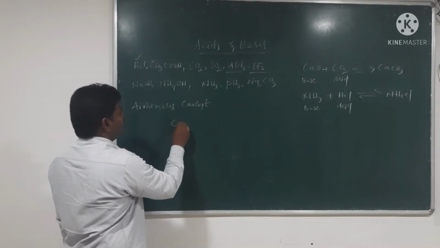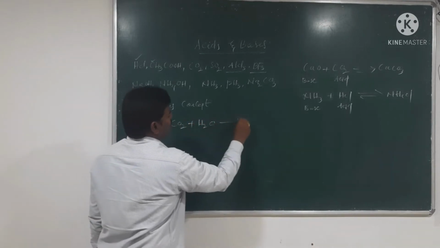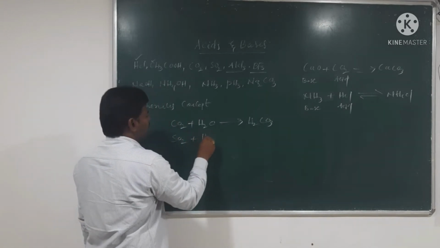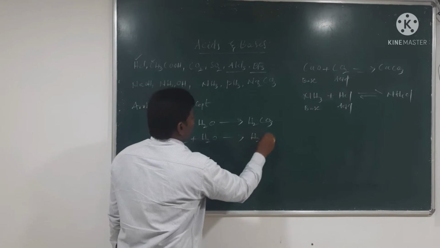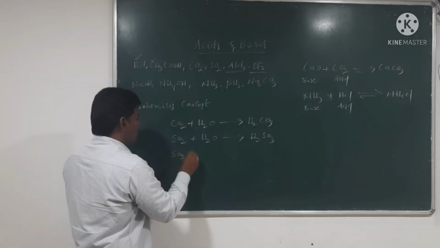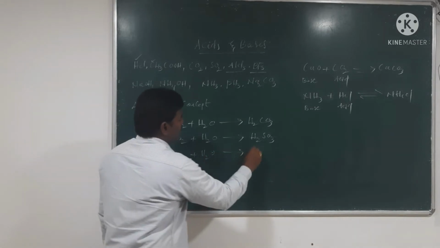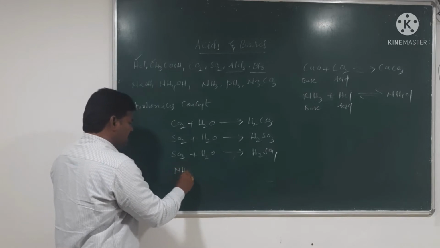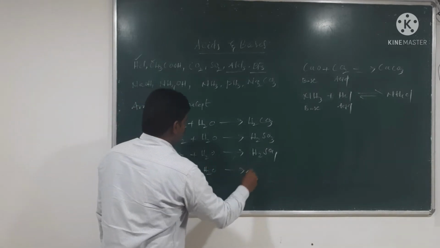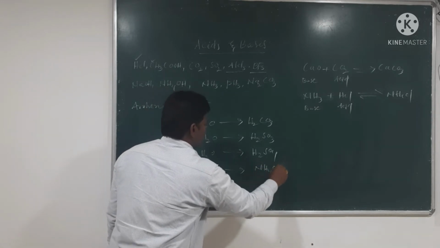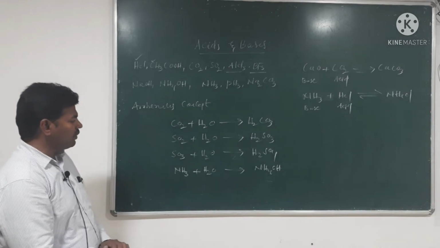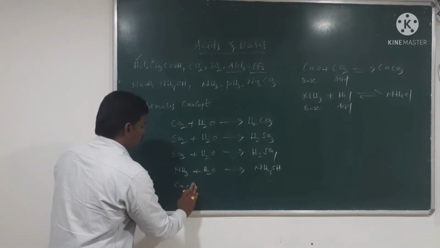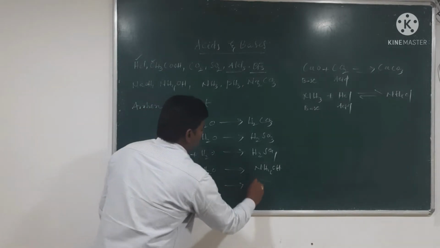For example, CO2 plus water gives rise to H2CO3, SO2 plus water gives rise to H2SO3, SO3 plus H2O gives rise to H2SO4, NH3 plus H2O gives rise to NH4OH, and CaO plus H2O gives rise to Ca(OH)2.